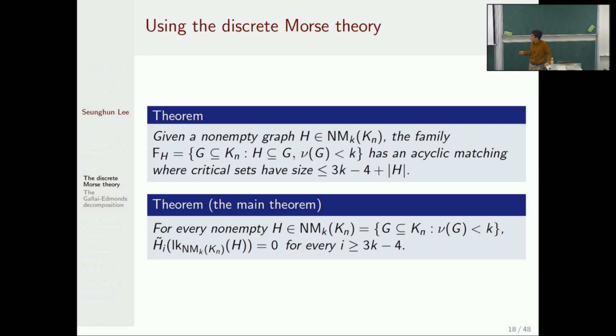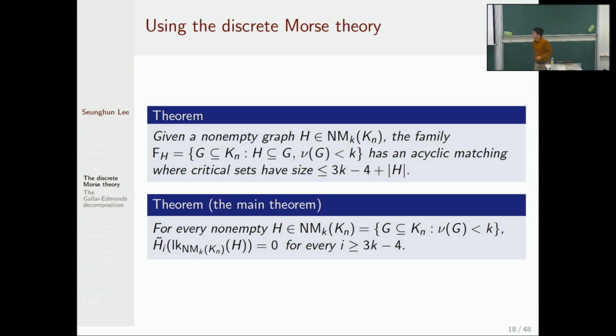So by this result, we can also find a cyclic matching for this link. And since this has no critical sets of size bigger than or equal to 3K minus 3, we can conclude this main theorem.